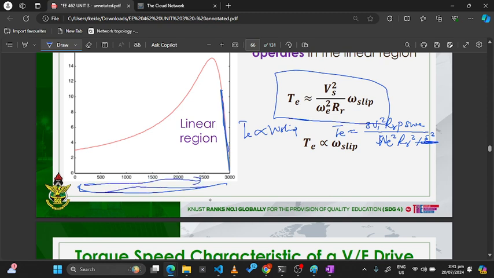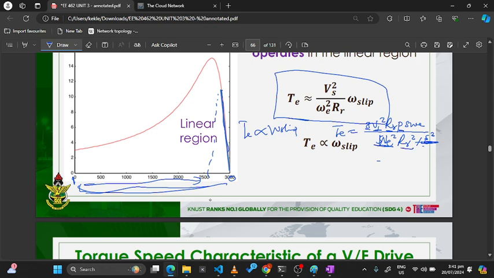The slip is 0 here and the slip is 1 here. So at this point where the slip is very small, it becomes this. This is a constant, and at a fixed frequency this is a constant, this is a constant, this will become a constant.